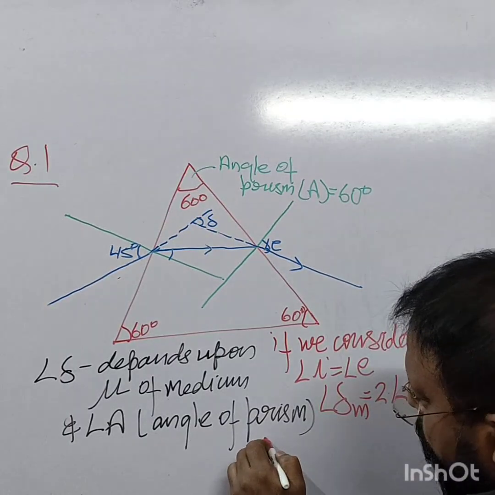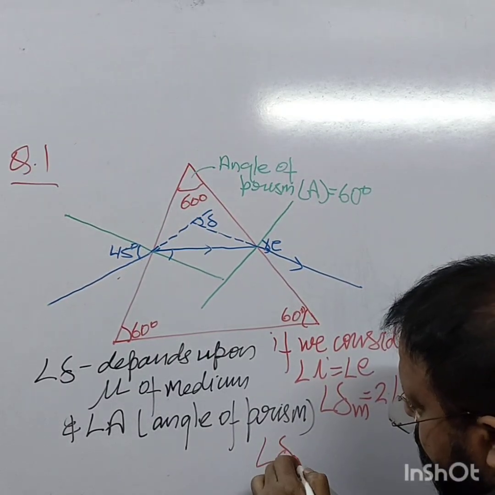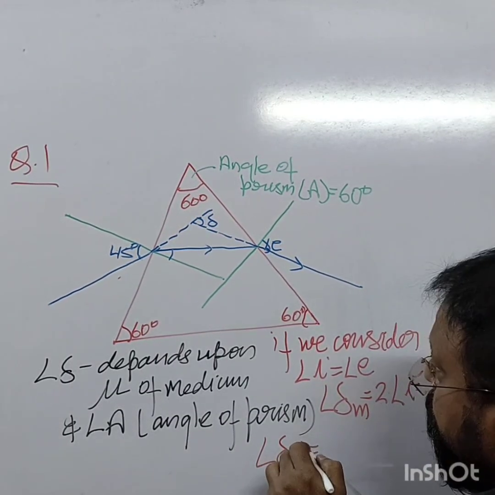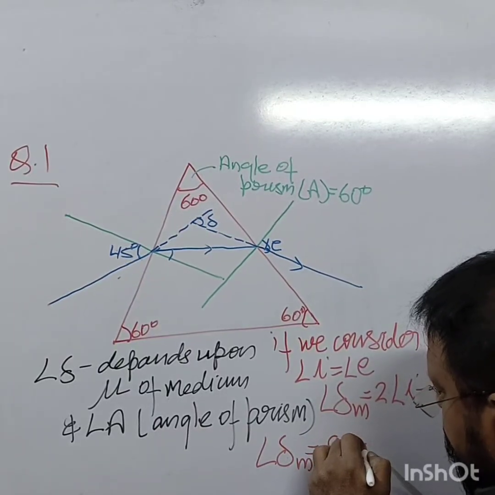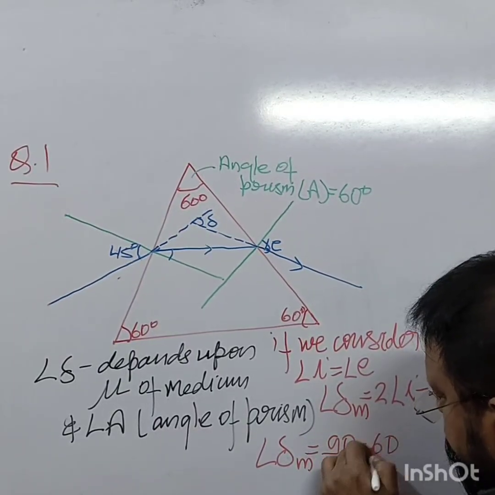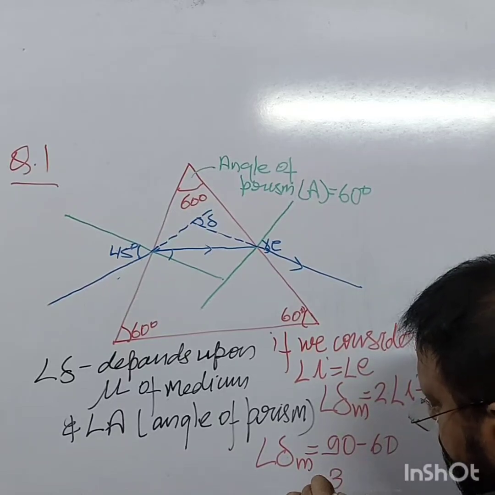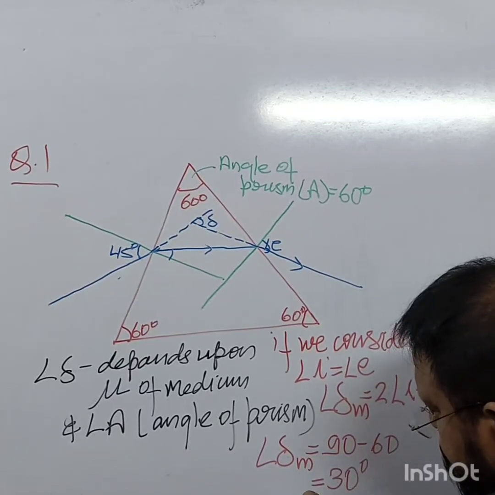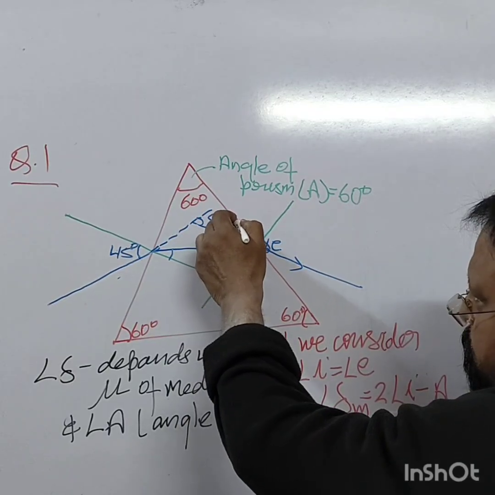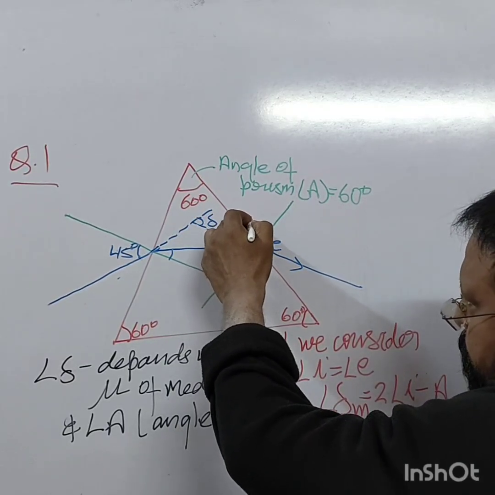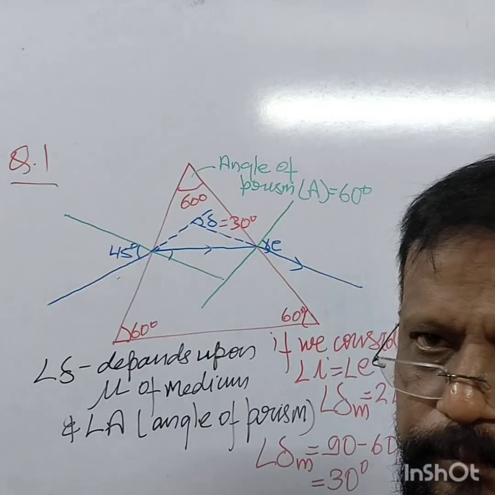So angle of minimum deviation is equal to 90 minus 60 is equal to 30 degree. ये एंगल जो होगा वो 30 डिग्री का. Do you get?